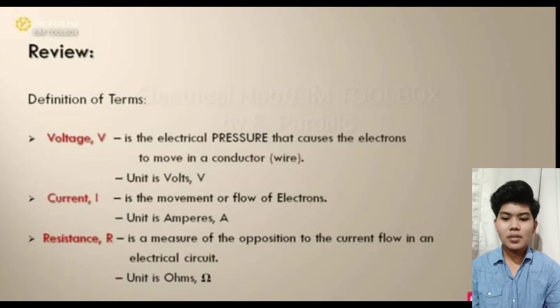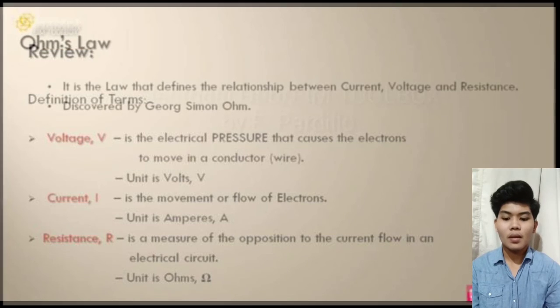For the last topic is all about Ohm's law. Pero bago natin i-define kung ano ang Ohm's law, review muna tayo ng konti. Voltage is the electrical pressure that causes the electrons. Current is the movement of flow of electrons. Resistance is a measure of the opposition to the current flows in electric circuit.